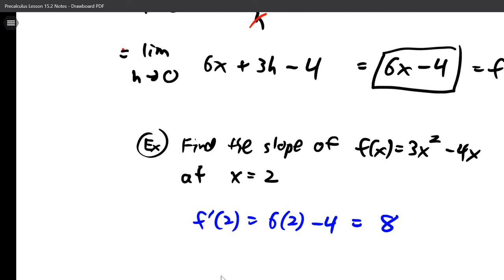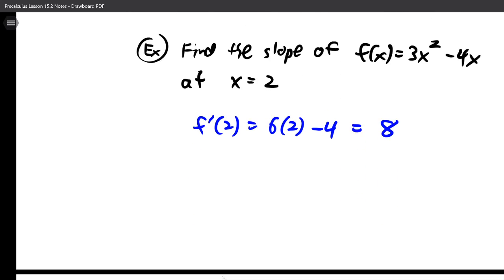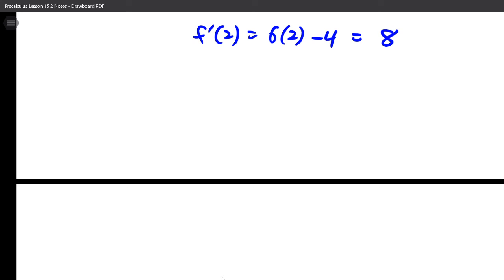But with polynomials, there are short ways. And it uses what's called derivative rules. Rules with polynomials.